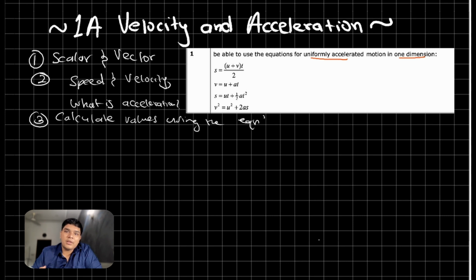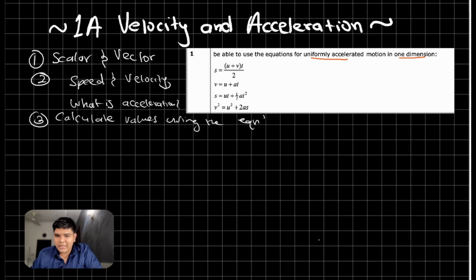Uniform acceleration states that the rate at which your speed is increasing is constant. So let's say you go from 120 to 130 to 140 kilometers per hour: 120 to 130 in 5 seconds, 130 to 140 in 5 seconds. This is essentially what uniformly accelerated means in this instance.